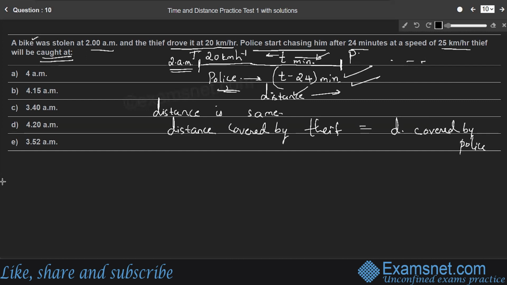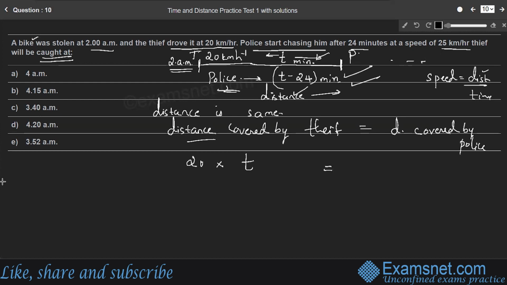How do you find the distance based on speed and time? By the formula, speed is equal to distance by time, so distance is speed into time. So distance covered by thief is speed of thief, which is 20 kilometer per hour, into time taken by thief is T. To reach point P, he takes T minutes of time, right?